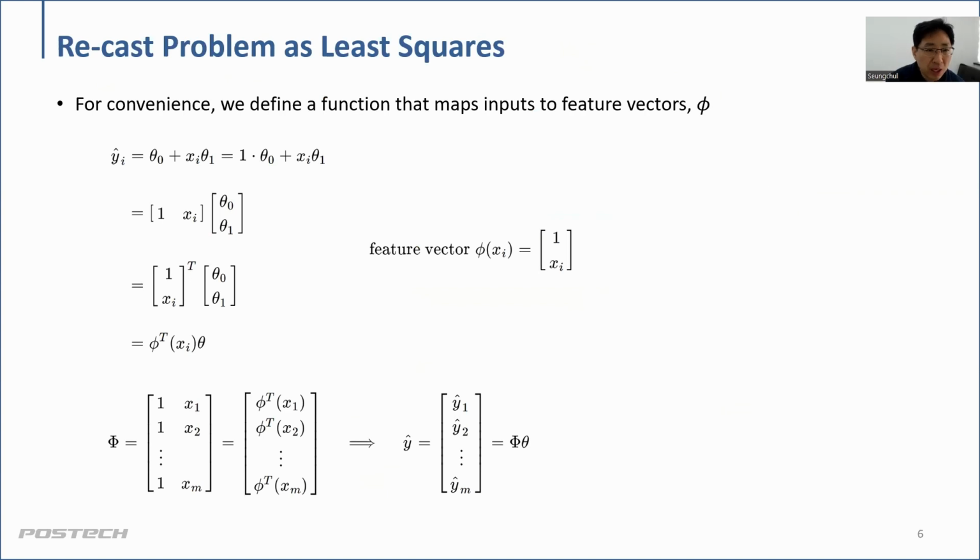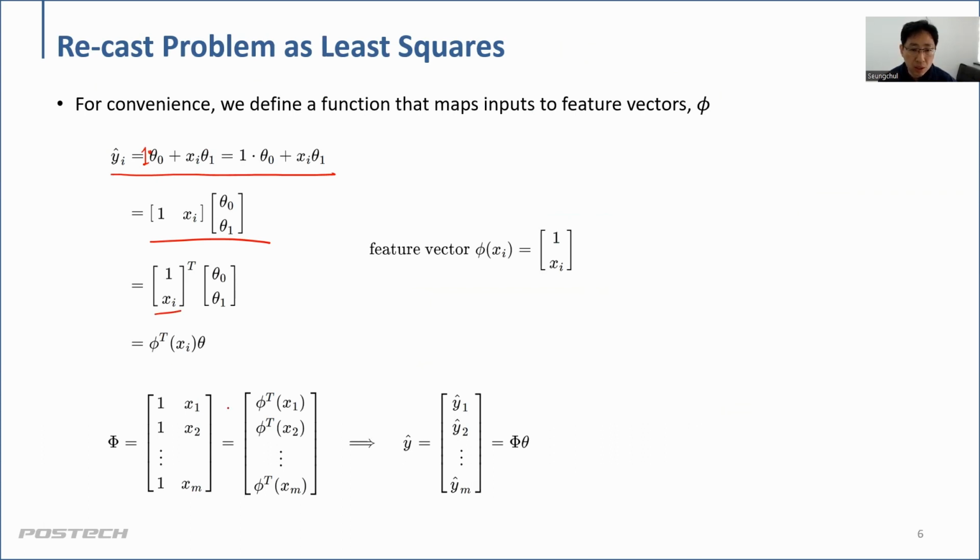So we can recast the problem as a least squares problem. Let me show you. Again, here I add 1 here, and then matrix and vector multiplication, and I take the transpose.